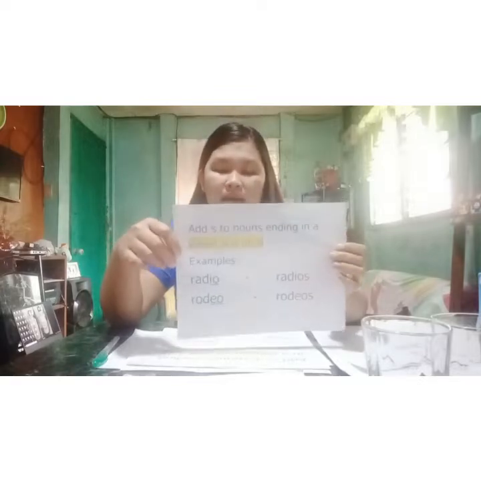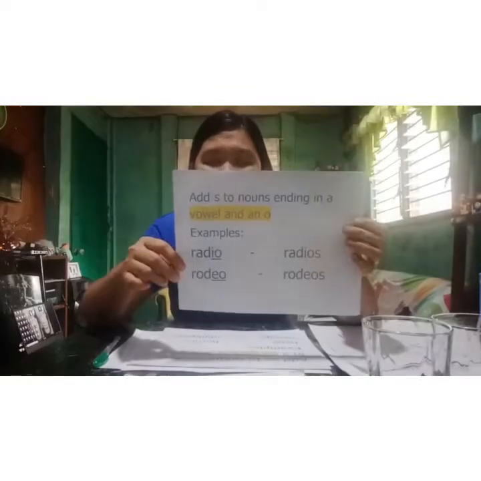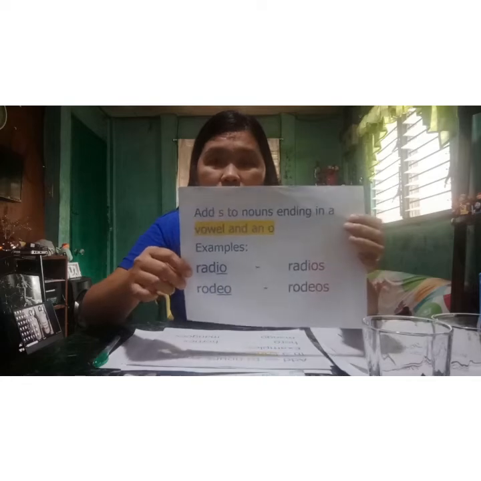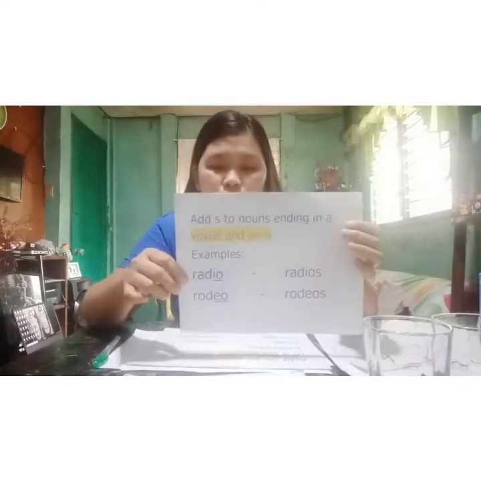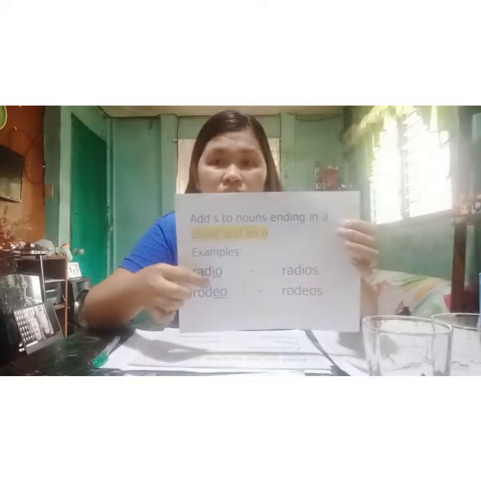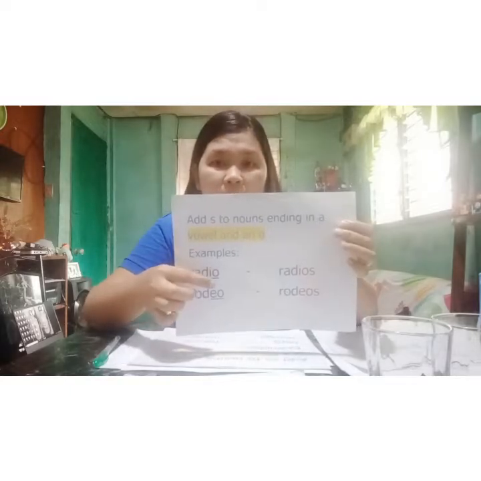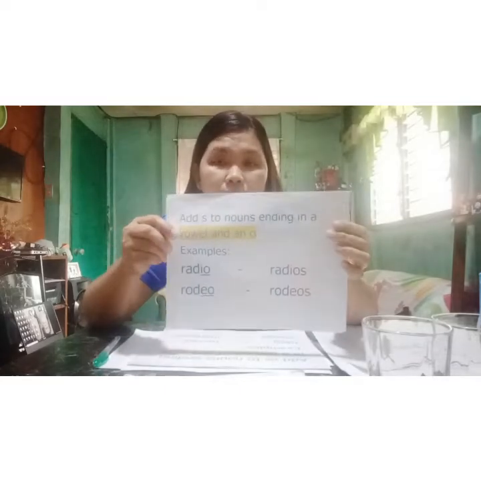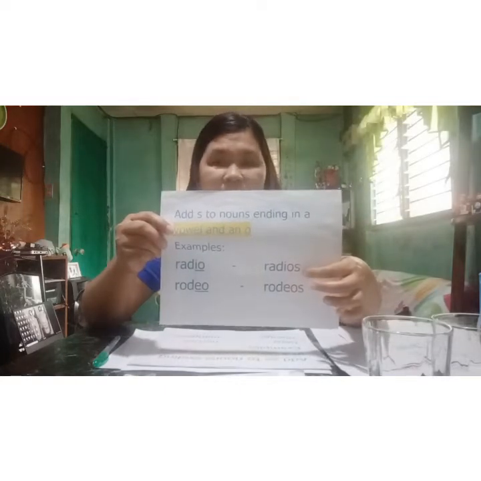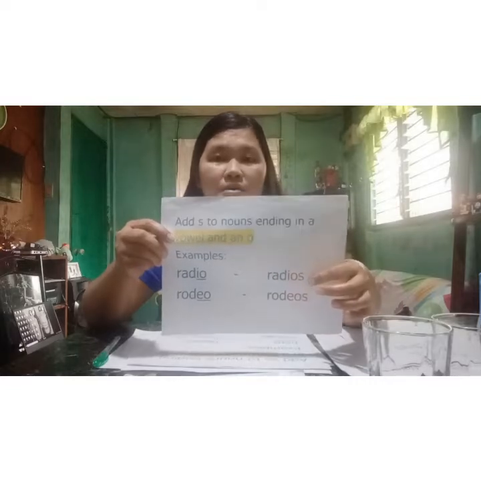Examples. We have here radio. The word radio ends with i, which is a vowel, and an o. So to form its plural, we simply add s. It becomes radios.